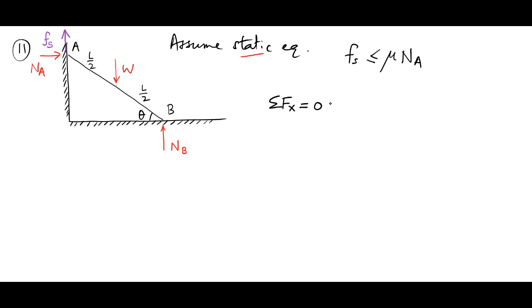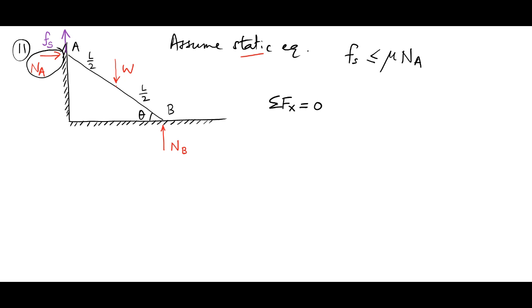Now if you look at the rod, you see that there is only one force which is acting in the horizontal direction, and no other force acts horizontally. No other force even has a horizontal component. The other forces are simply vertical.